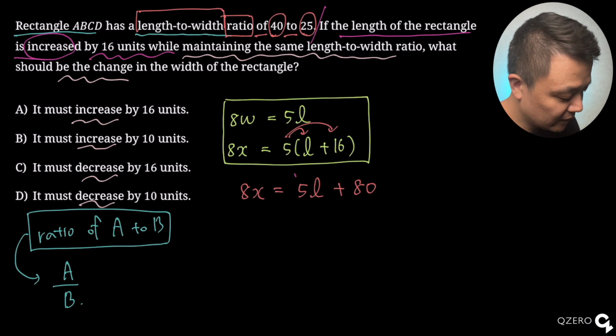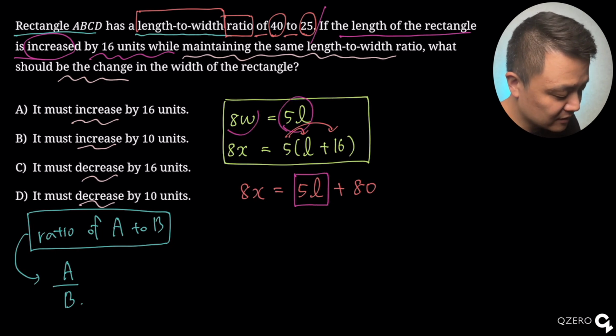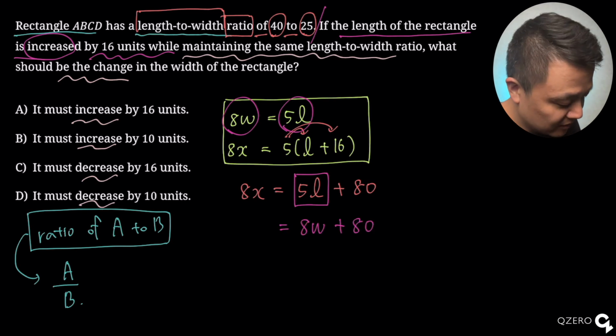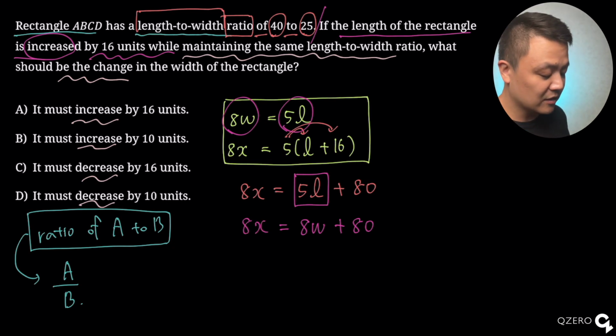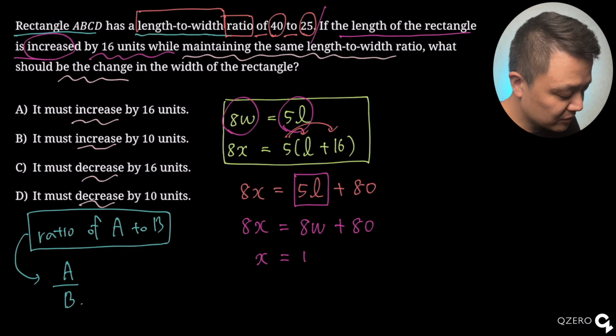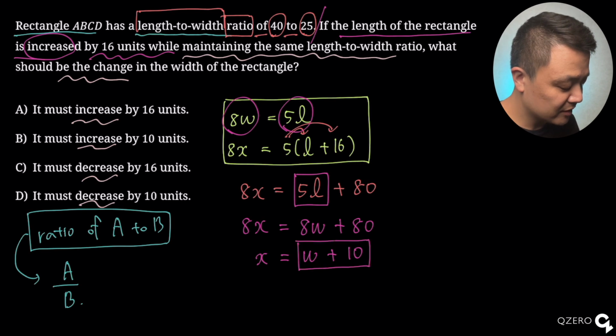Ooh, we have an equivalent expression for 5L. Since 5L is the same thing as 8W, we can substitute 5L with 8W. So 8x is now equal to 8W plus 80. Why don't we just divide both sides by 8? Then we found the value of x. x is W plus 10.